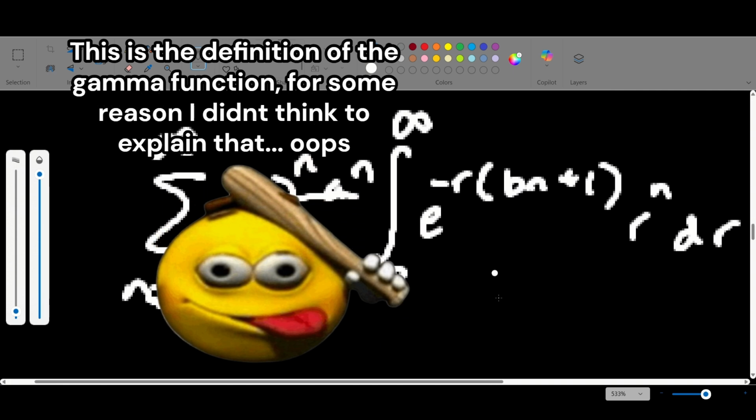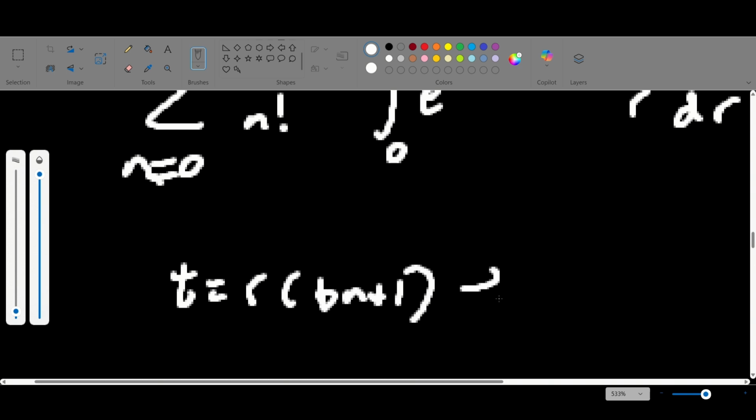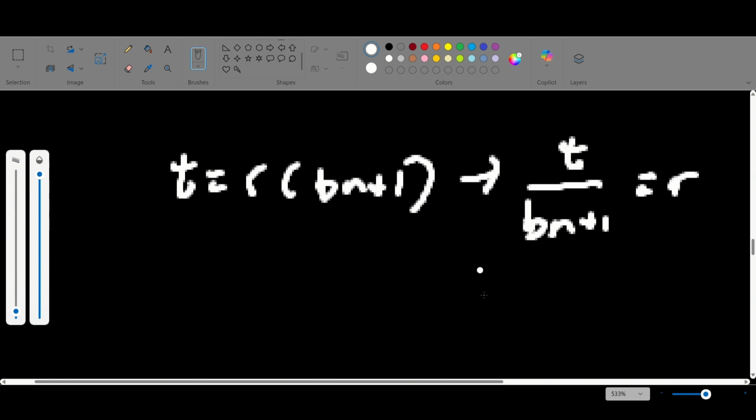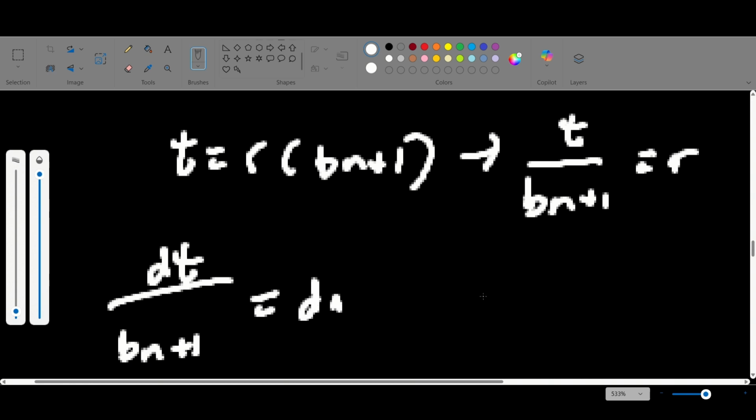To do that, we'll do another substitution where we'll let t equal r times bn plus 1, implying that t over bn plus 1 equals r. And the derivative here is just going to be dt over bn plus 1 equals dr.